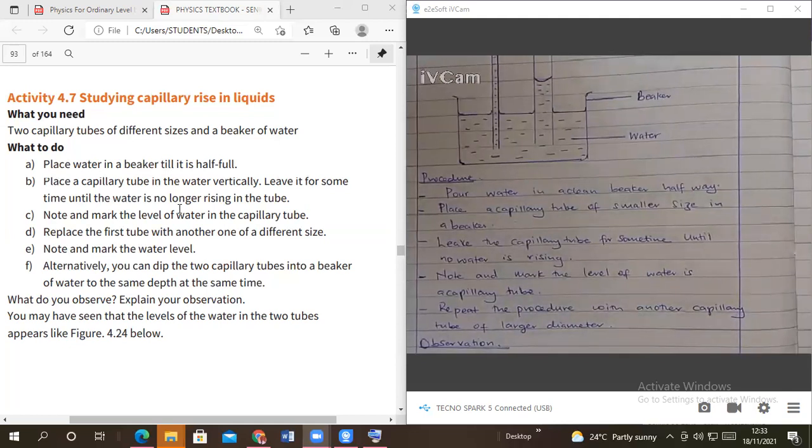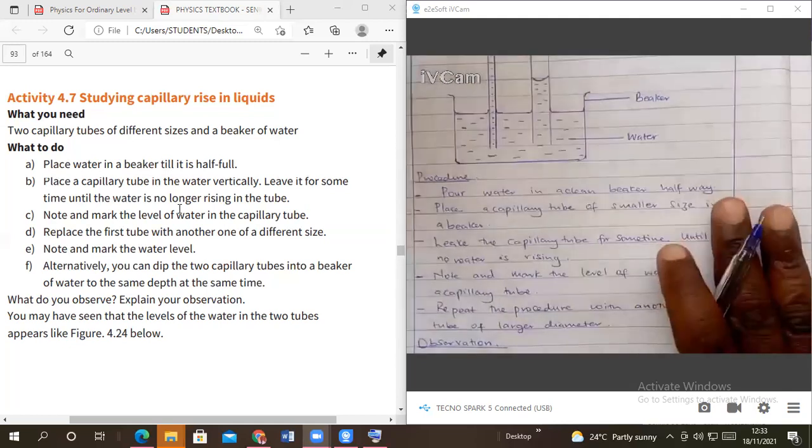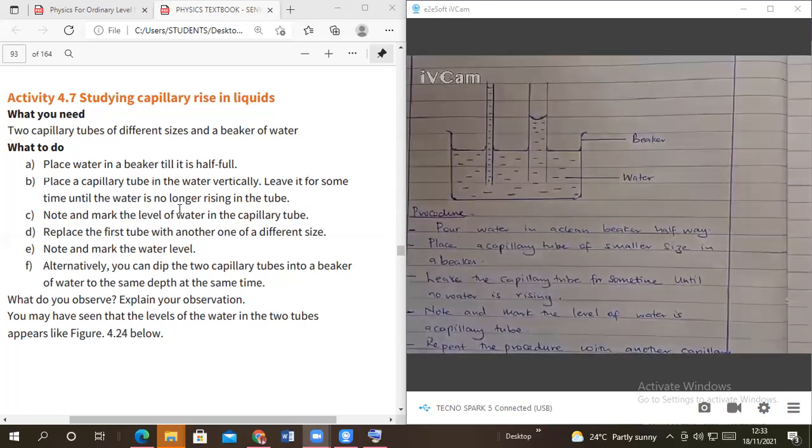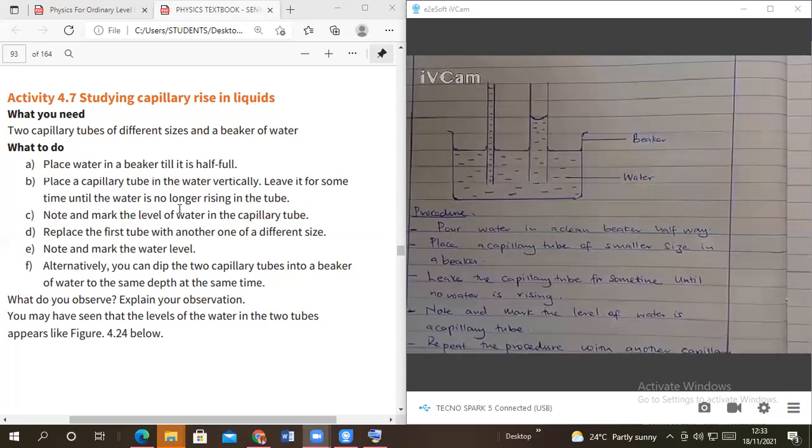The observation, you are seeing it there in the diagram. In other words, they ask, what's the observation? You write what you see, full stop. And when they ask explanation, then you explain. If they ask, explain your observation, then you have to write the observation, then you explain the observation.